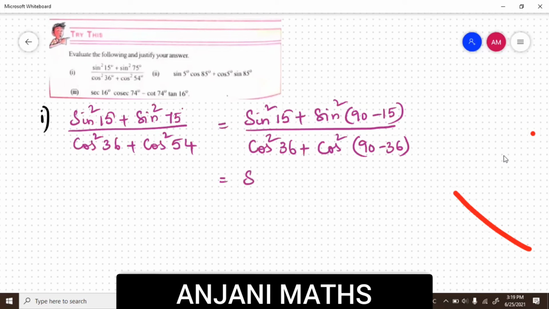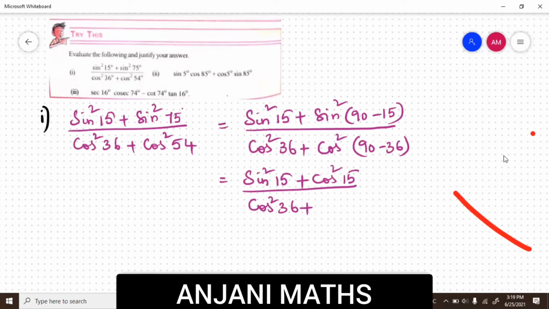Sin square 15. In the previous session, we discussed this: sin of 90 minus theta is the complementary angle's cos theta. So we get cos square 15 divided by cos square 36 plus, what is cos 90 minus 36?